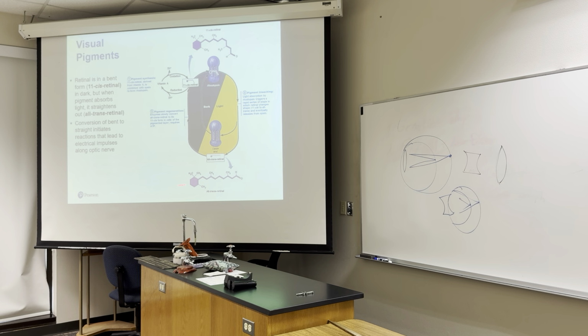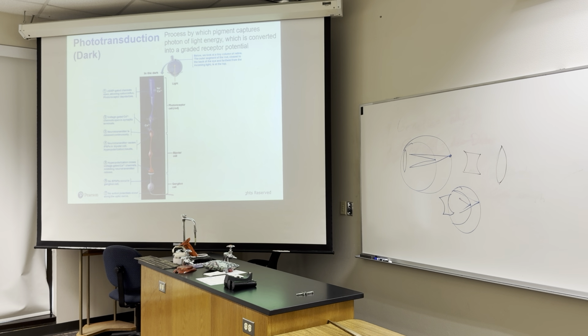When they get straight, we call them trans. So this is your cis retinal pigment, and this is your trans retinal pigment. So conversion of the bent to the straight initiates a reaction that leads to the electrical impulses along the optic nerve.